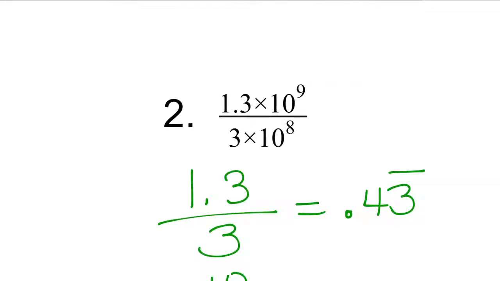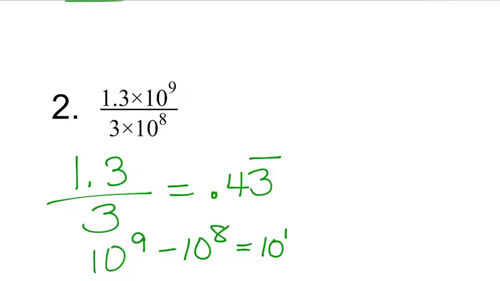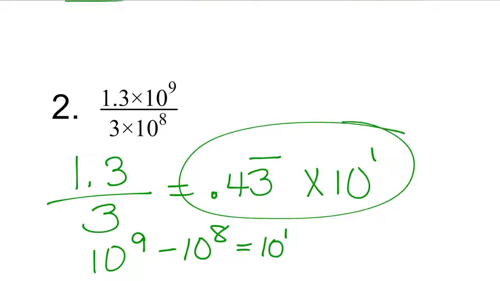And then you've got 10 to the 9th divided by 10 to the 8th. That would be 10 to the 1, okay? So that would mean we have 0.43 times 10 to the 1. Okay, that would be your final answer there.